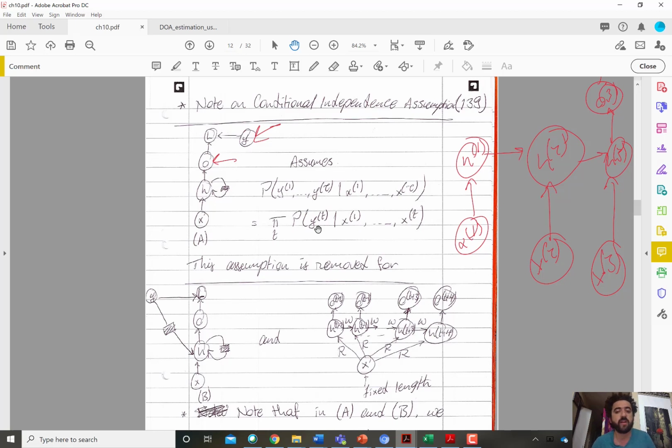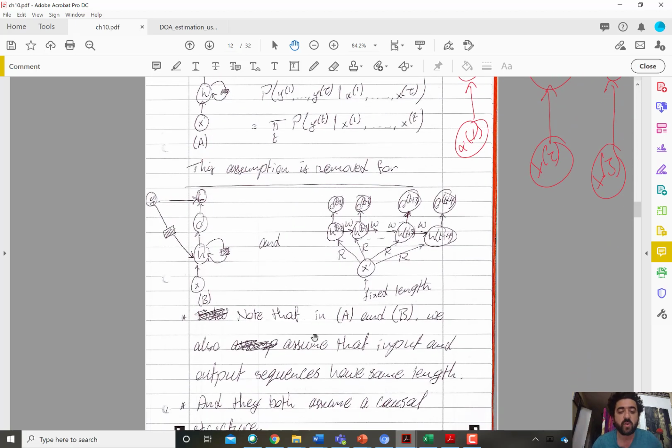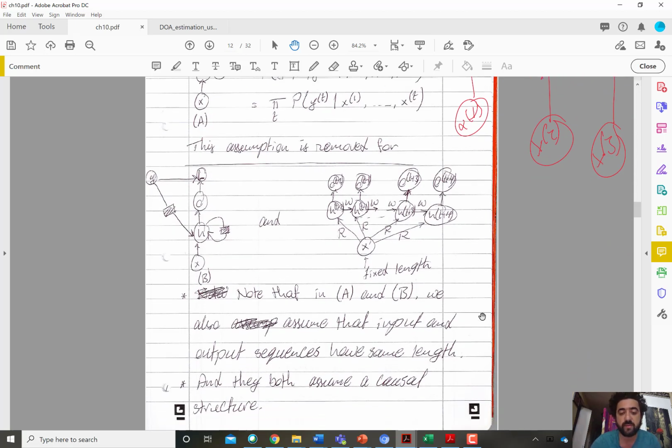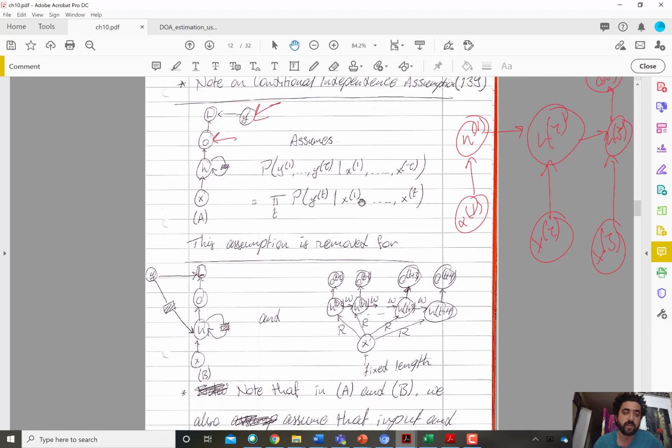It doesn't depend on the future values, and this is called a causality assumption, right? So they impose a causal structure, because the output at a given time step depends only on past and current inputs. It doesn't depend on future inputs. So there is a causal structure imposed by this network, and that's one.